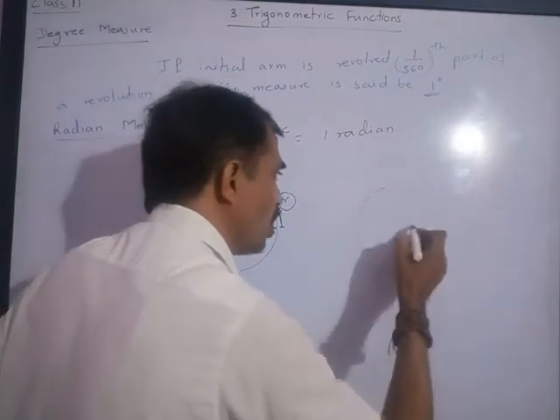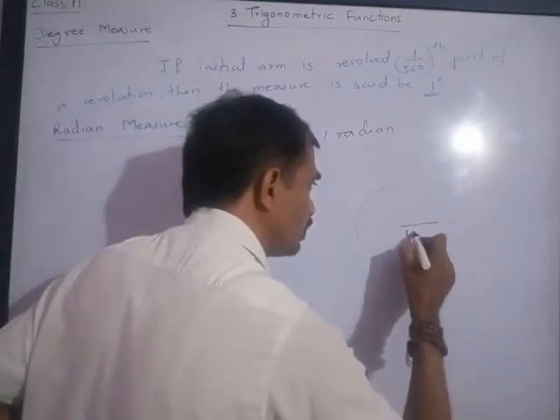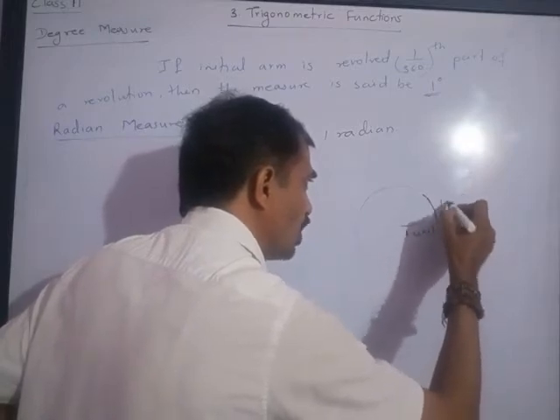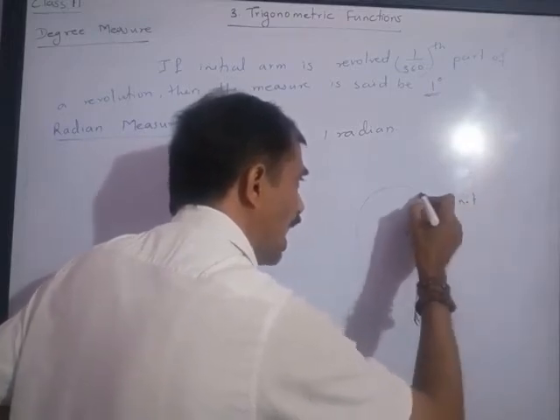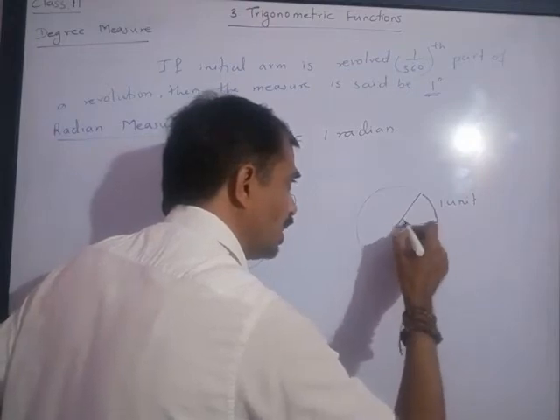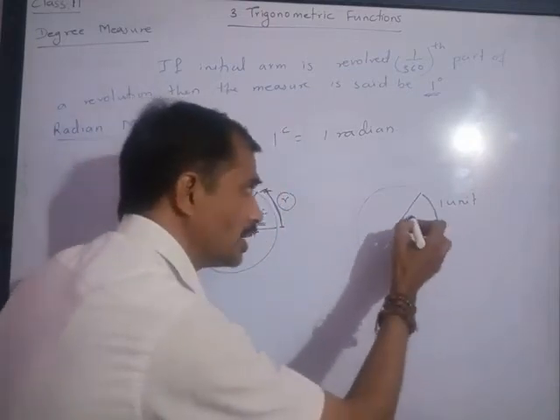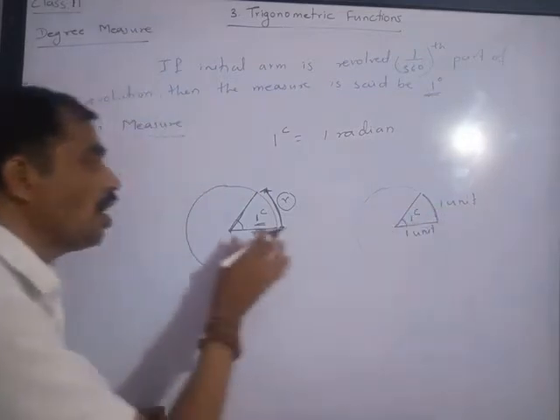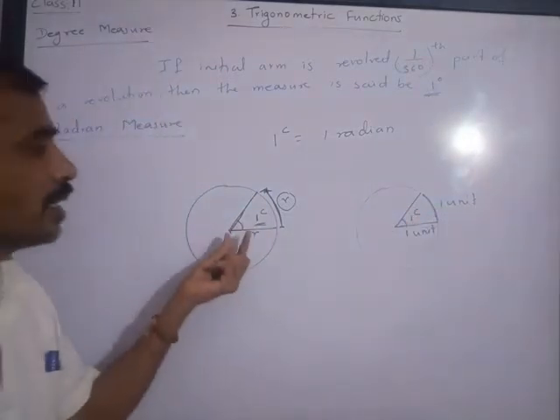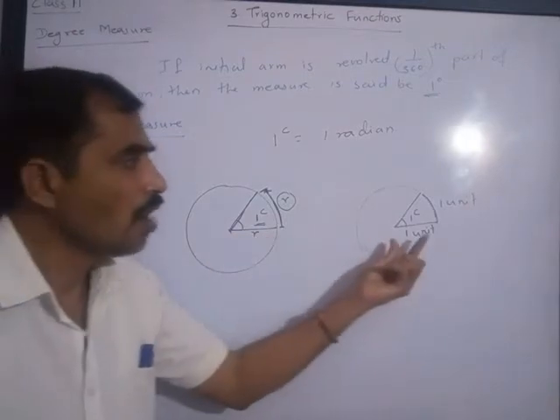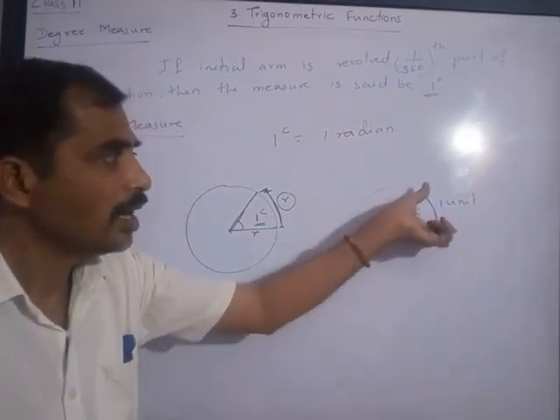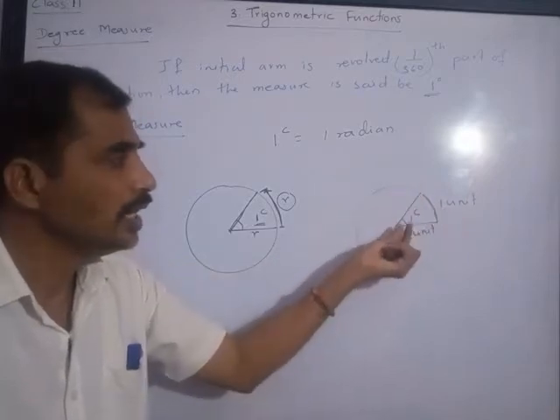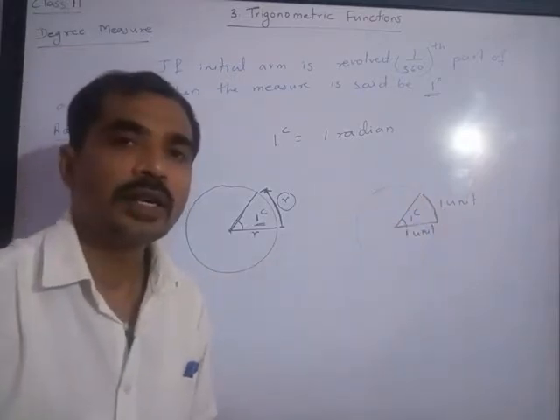If a circle is of 1 unit radius, and the length of the arc is also 1 unit, then the angle subtended at the center is 1 radian. So the angle subtended at the center of a 1 unit circle by an arc of length 1 unit is said to be 1 radian.